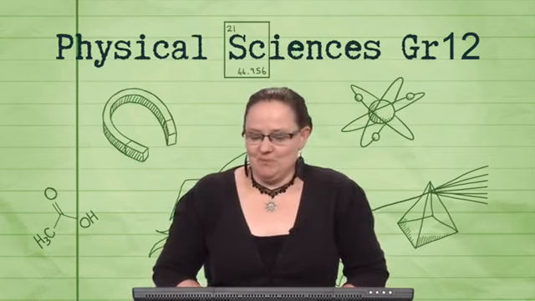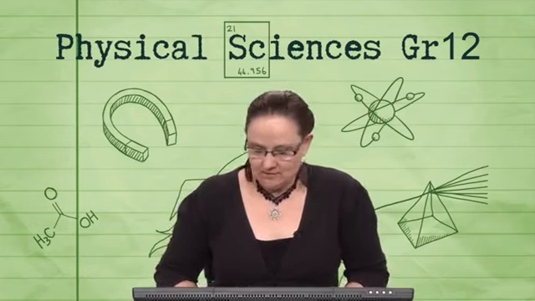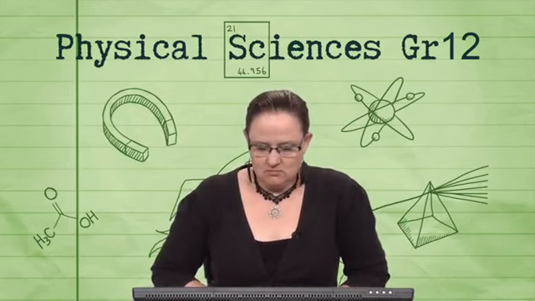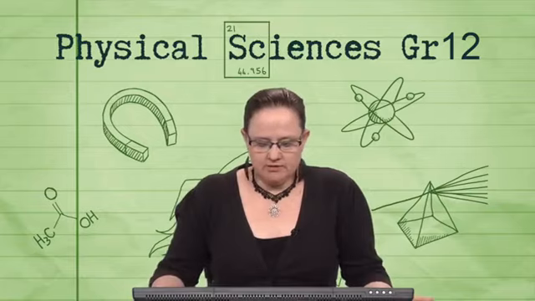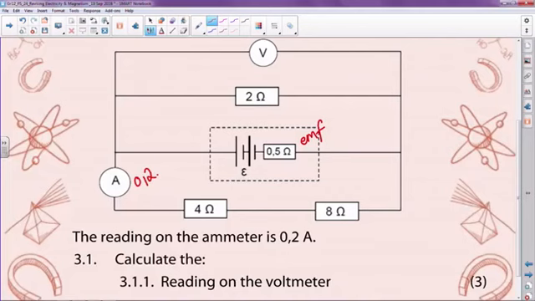Okay, so how many of you looked at this and went, I don't even know where to start. There's a battery in the middle of the resistors. That's what makes this such a nice circuit, because if we say, here comes my current, current leaves the battery. What happens at this point? It can split up.